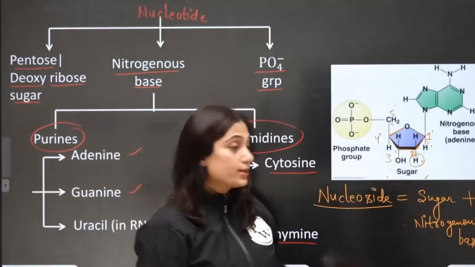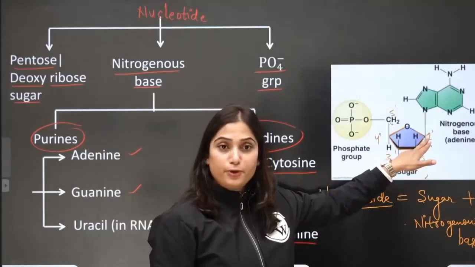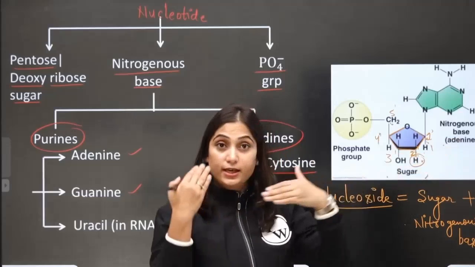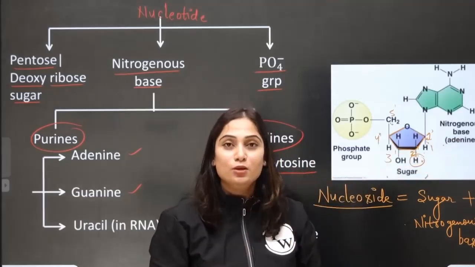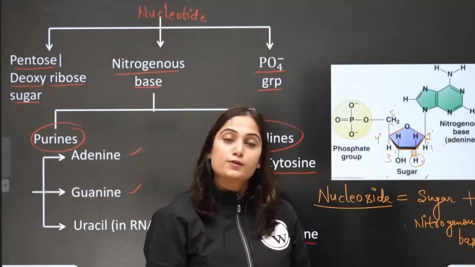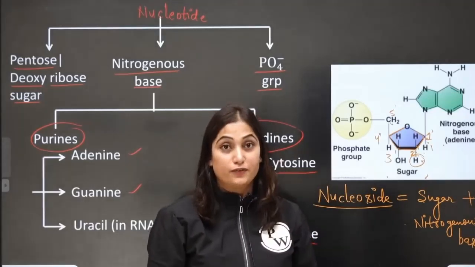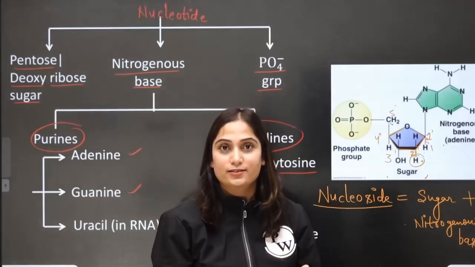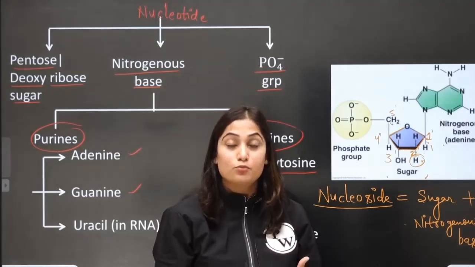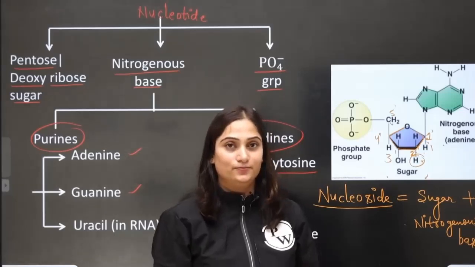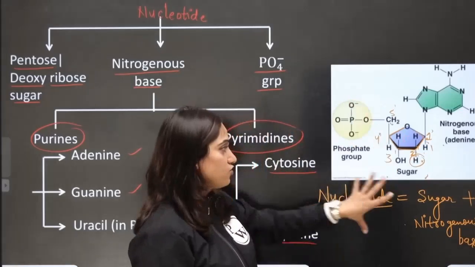As soon as the nitrogenous base gets attached at the 1' carbon of the sugar, it becomes a nucleoside. And as soon as phosphate attaches at the 5' carbon, it becomes a nucleotide. And in the case of DNA, the most appropriate word would be deoxynucleotide. Okay, so this is the basic structure.